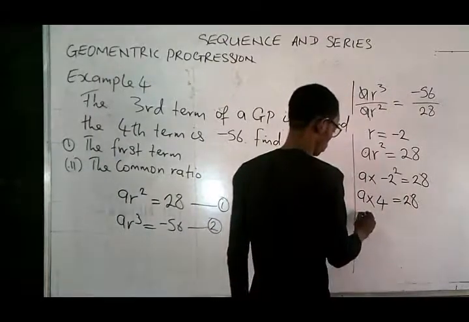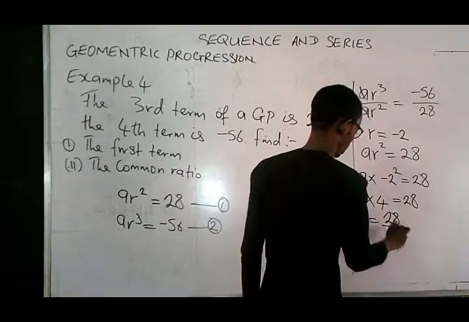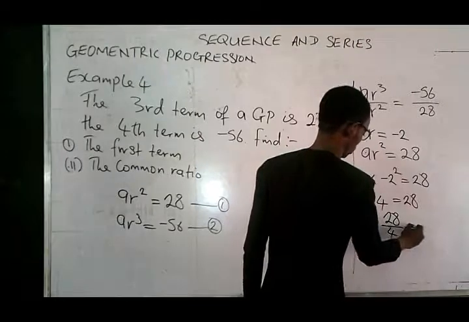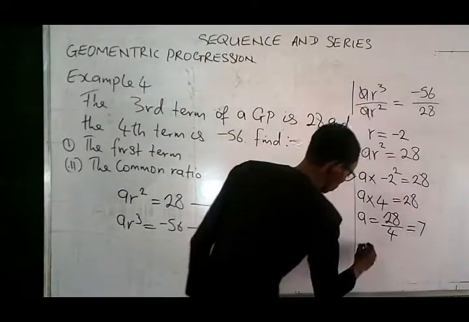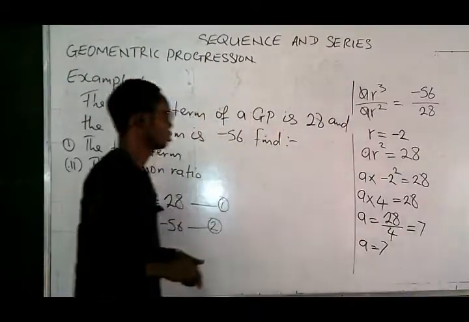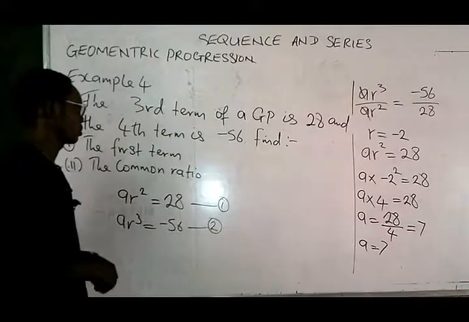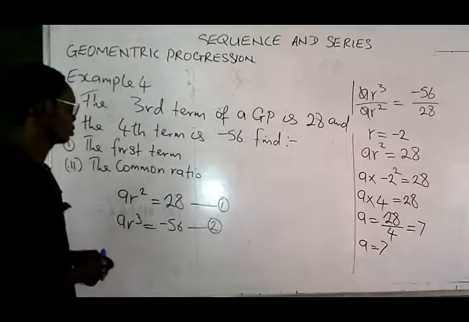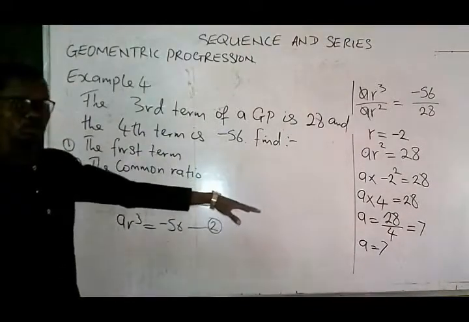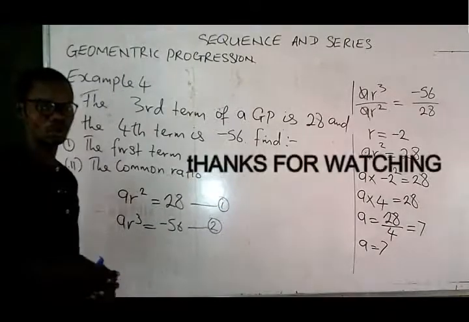Therefore, a will now be 28 divided by 4, which is 7. So a equals 7. Now, in this geometric progression, the first term is 7, while the common ratio is minus 2.